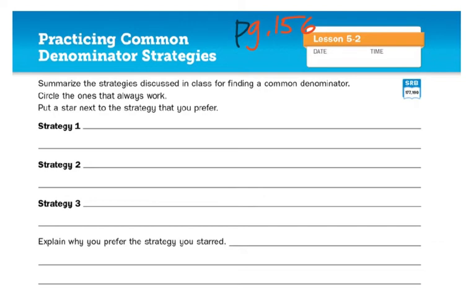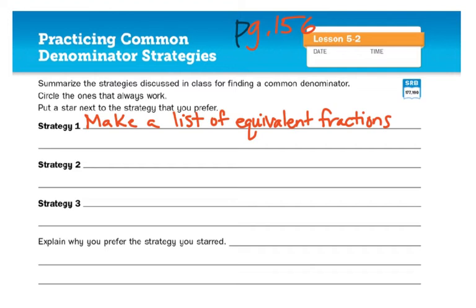One of the things that you can do is to make a list of equivalent fractions until you find an equivalent fraction with a common denominator. Here's what I'm going to say, 5th graders.